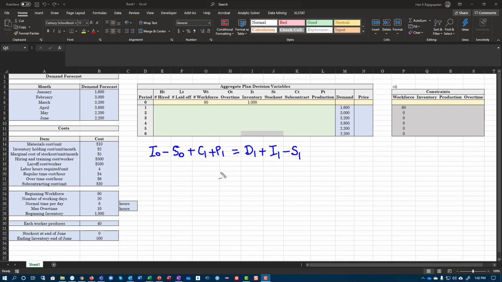If you want to rearrange this, and D1 is 1600, you can do I0 minus I1 minus S0 plus S1 plus C1 plus P1 is equal to 1600. Let's go ahead and set this function up and make sure we get it right.